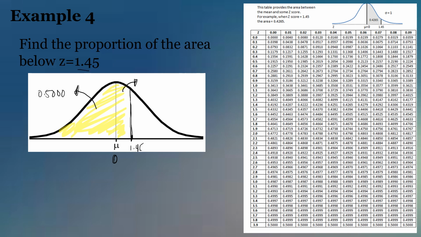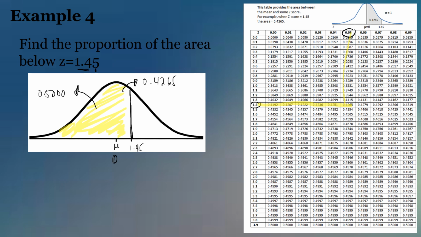So, yung first two digit niya is 1.4. So, ito si 1.4. Then, yung third digit is 5. So, that is 0.05. So, yung kanilang intersection ay nasa 0.4265. Okay, so nakuha mo na yung area from 0 to 1.45.